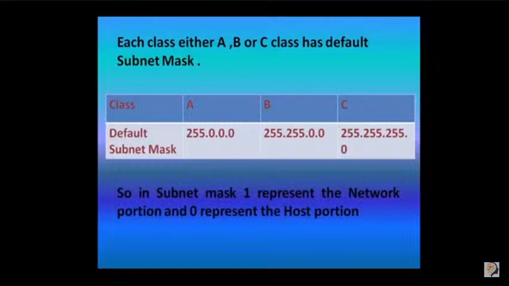From one device to another device, this host bit keeps changing. 1 2 3 4 5 6 7, go to 100, then 101, 102, 103 and go up to 254, and the last broadcast IP is 255. Clear?